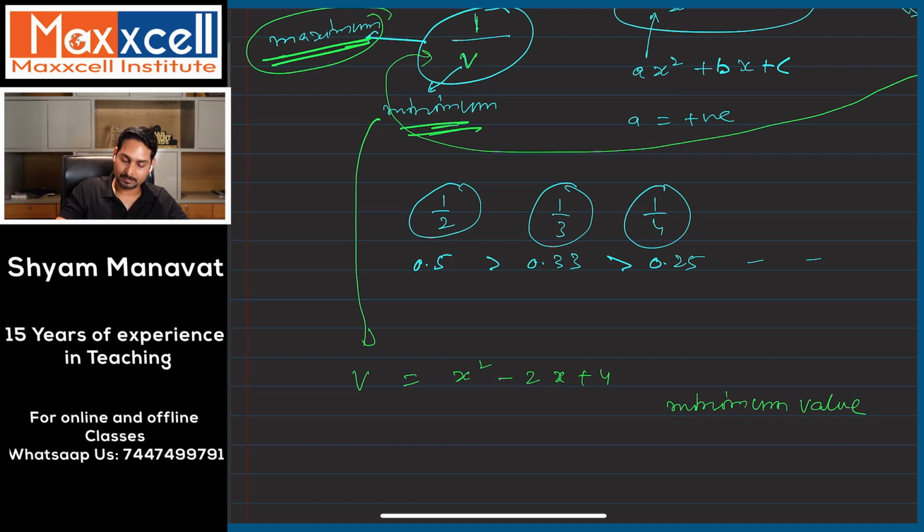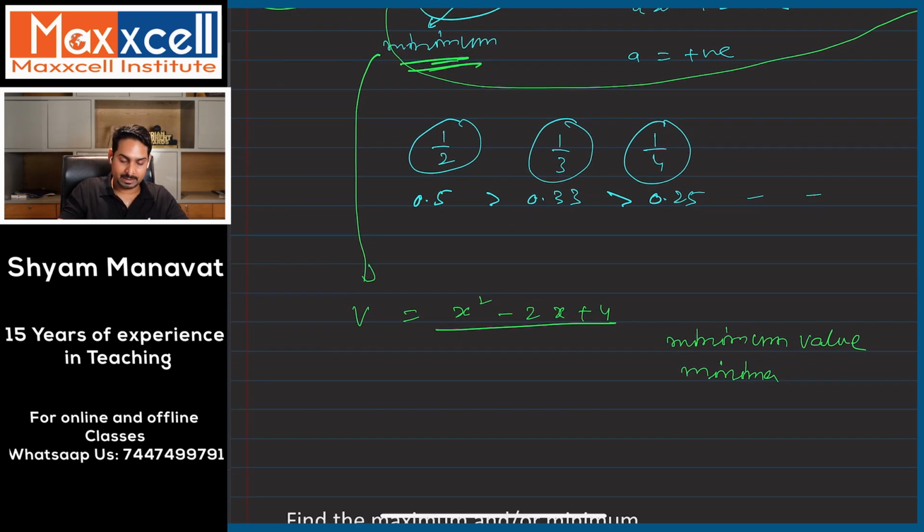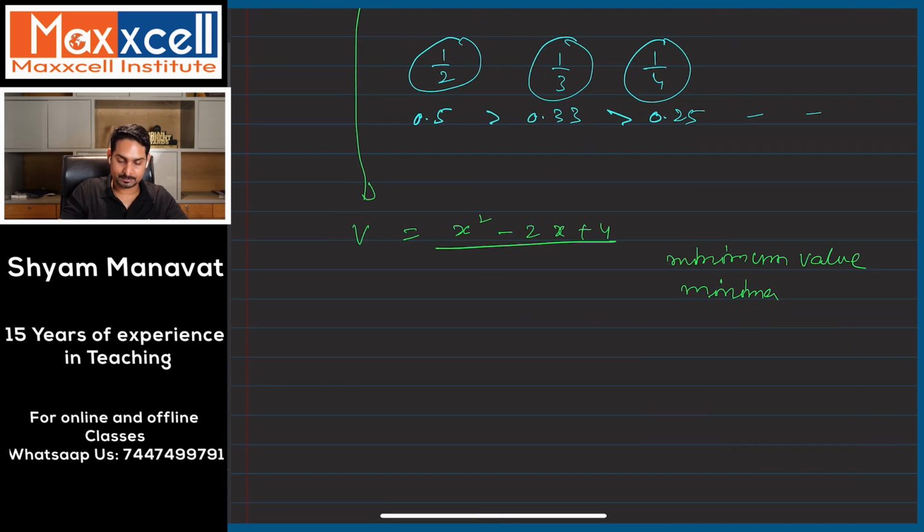So for a minimum, we need to first find what? Minima. Remember? We need to first find minima. And because it is a quadratic expression, which we are quite familiar with, we can easily do things for this question.